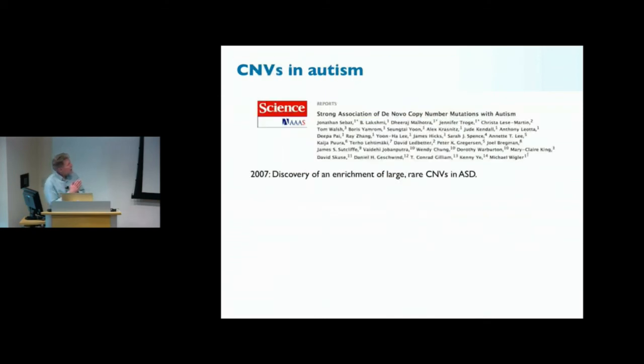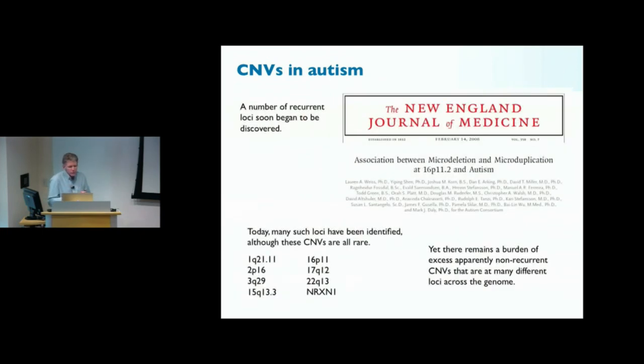And in autism, Jonathan Sebat did some amazing work where he showed that there was a strong association between rare copy number variation and autism, and not a specific CNV that caused autism, but a burden of rare CNVs: if you have a lot of these rare CNVs, that tends to be associated with people who have autism.